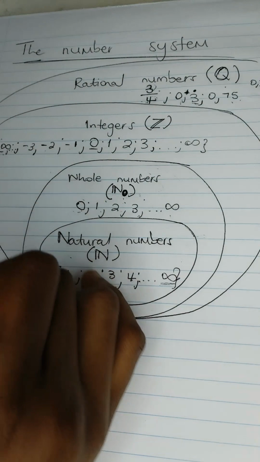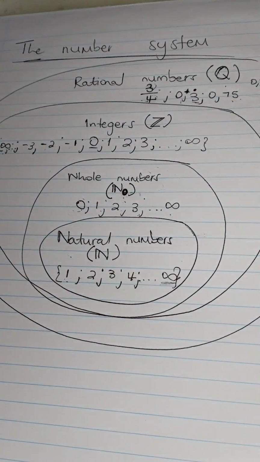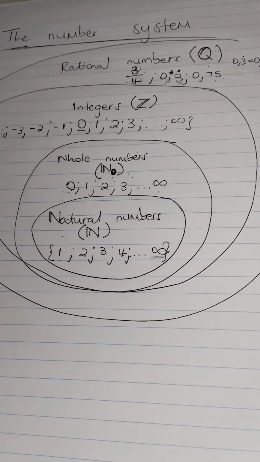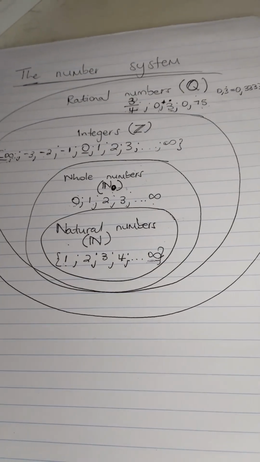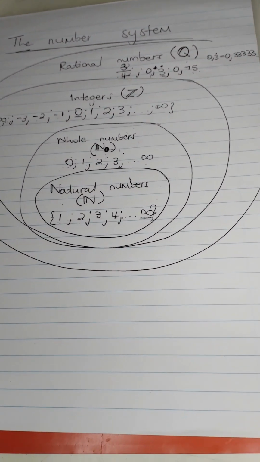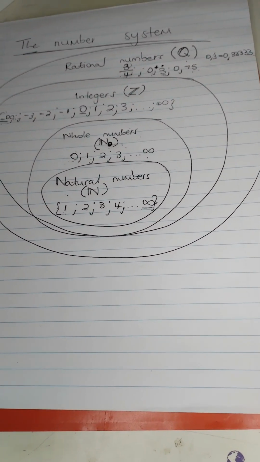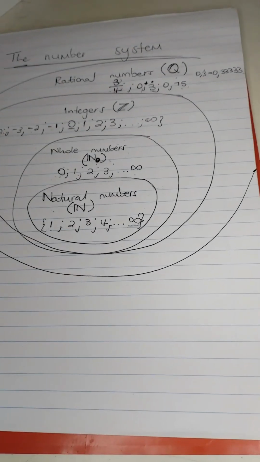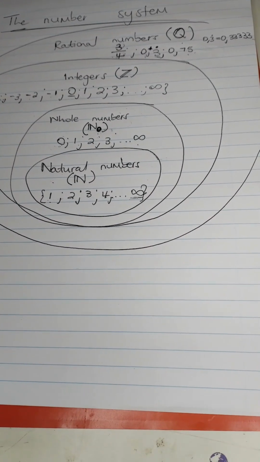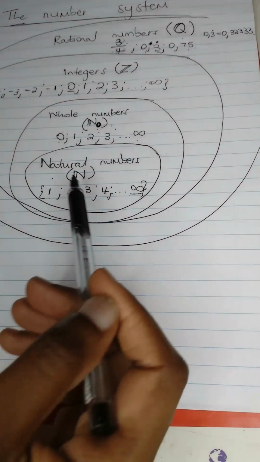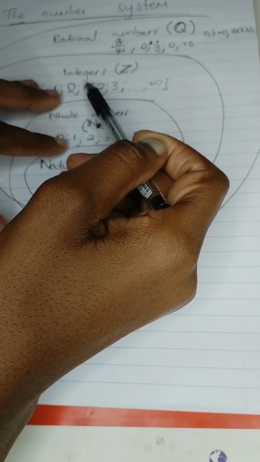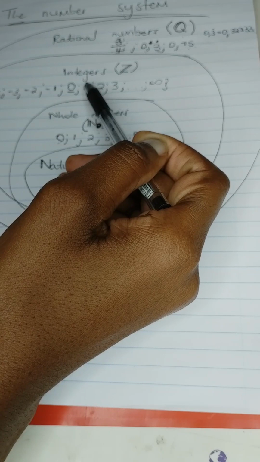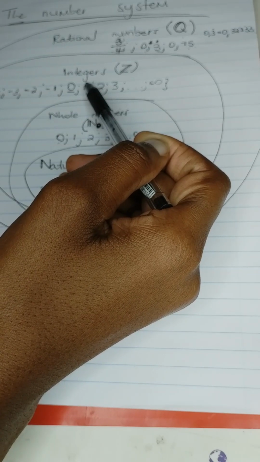Looking at this diagram, you see all these natural numbers, whole numbers, integers, they are all under rational numbers.